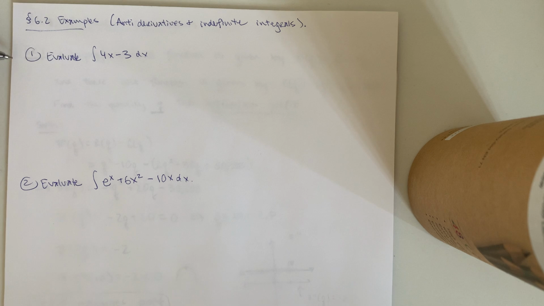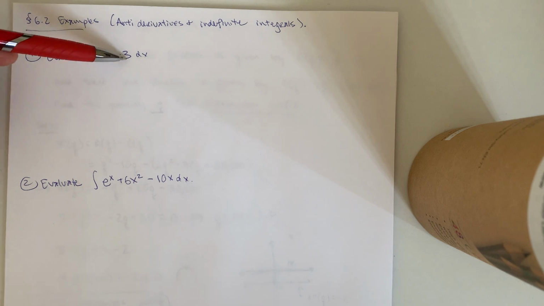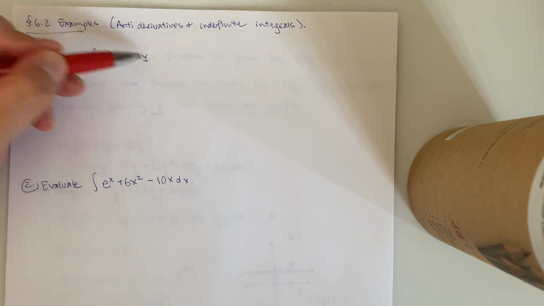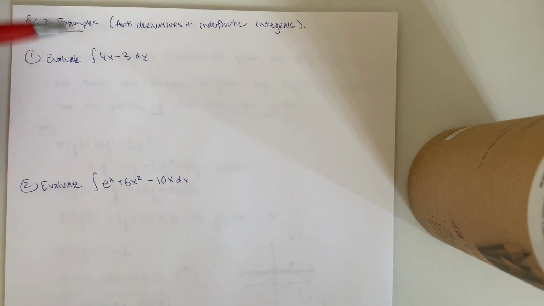derivatives basically. So the first example is to evaluate the integral of 4x minus 3. This dx term just always tells you what variable you're integrating with respect to. So in our class, it's a single variable calculus class, so there should only ever be one variable.